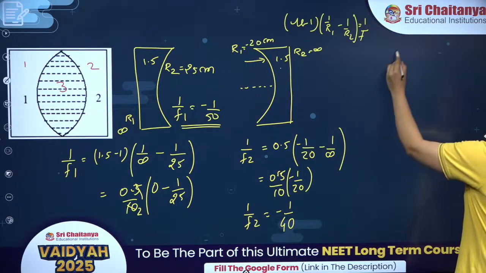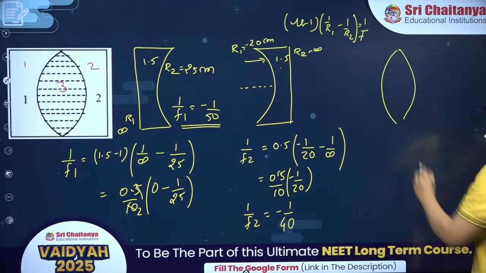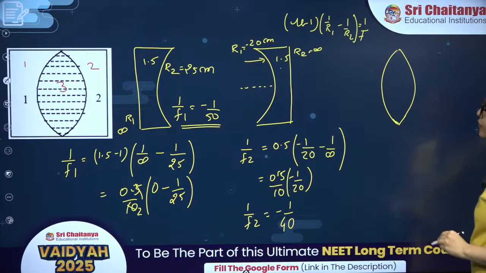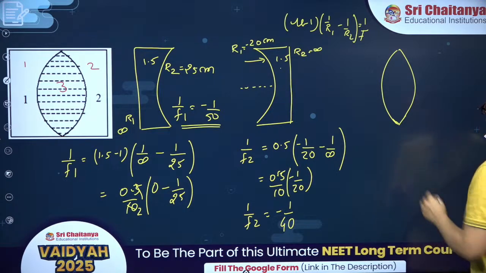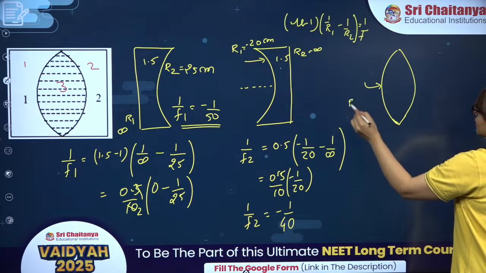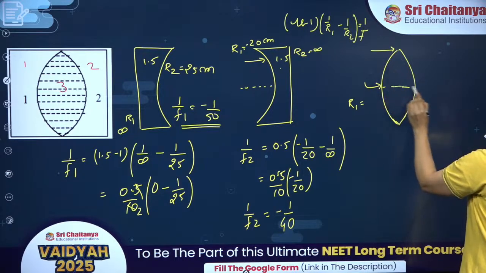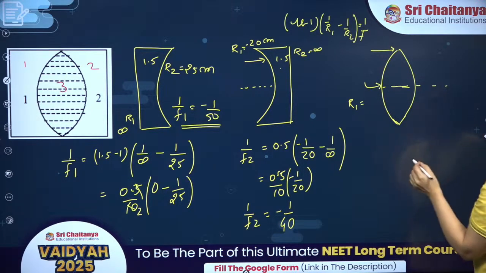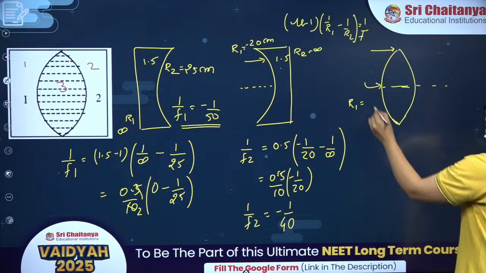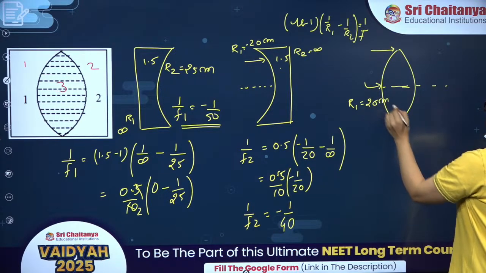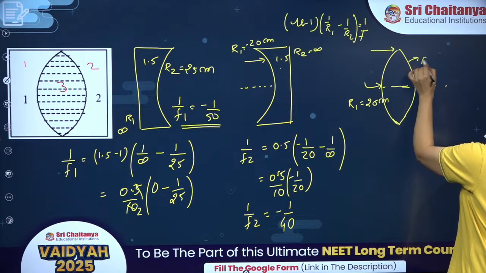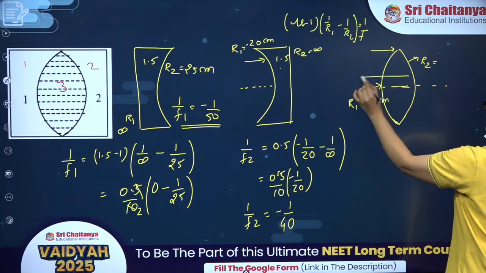Okay, this is the second thing that we need here. Now the last one is this one, the middle portion, which is like a convex shape. So it has this one as R1 and it will be positive because it is in the same direction of incident ray, right? So R1 will be 25 centimeter and R2, this radius of curvature is R2, it will be in this direction.